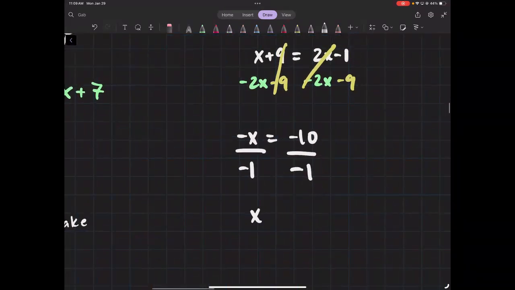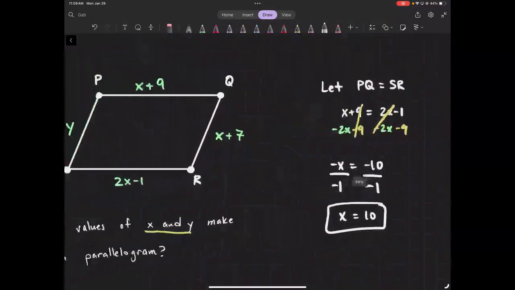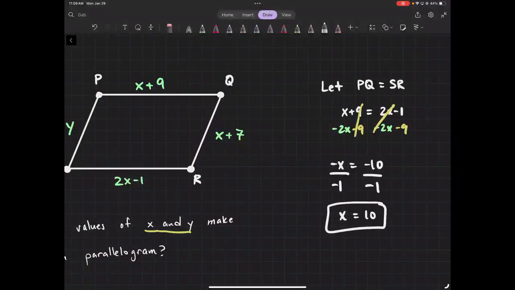Okay, so x is 10. Alright, you found x. Now you can go do the other part. Okay?